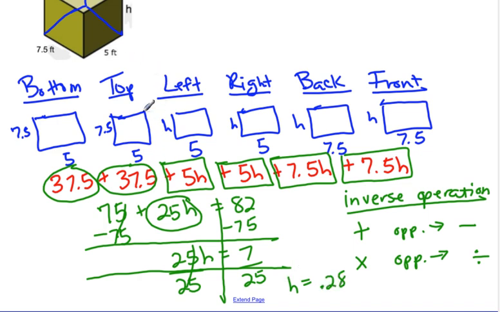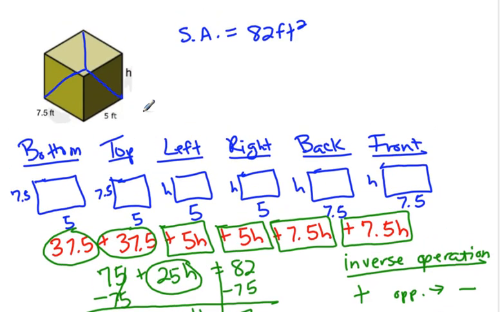So this h up above is equal to 0.28 feet. Now, I did make up these numbers here. So obviously, looking at this picture, this should be around like 6, I would say.